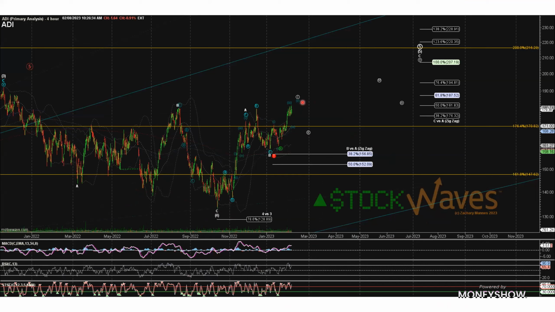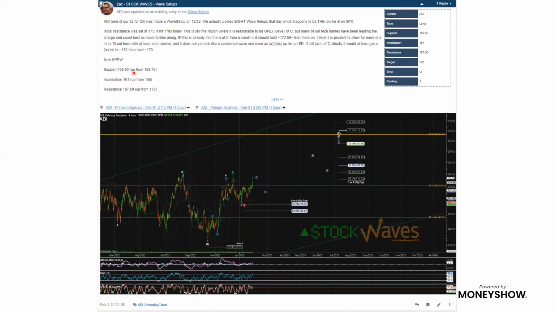So far, we did have an opportunity to update ADI because it did hit the initial resistance level. But it looks like it is still just the wave 1 of that C wave targeting the 206, 207 region. So when we updated it, we were able to raise the support level from 159.75 to where any wave 2 should hold, ideally in the 169, 170 region, and raise invalidation up at least to the low that was struck here.